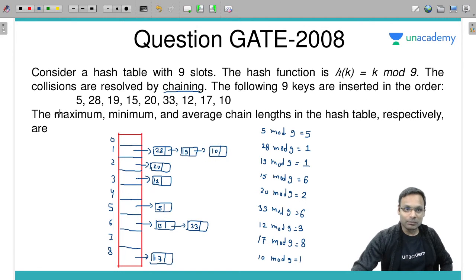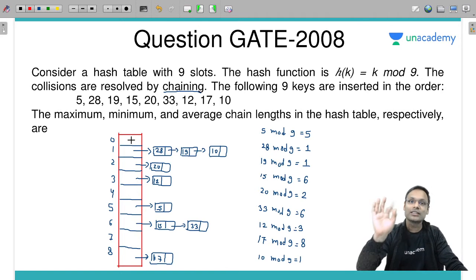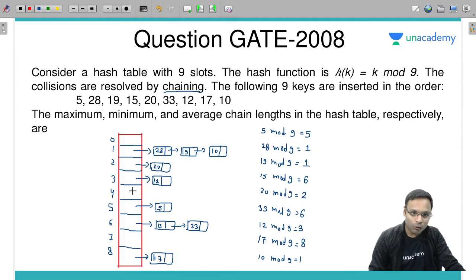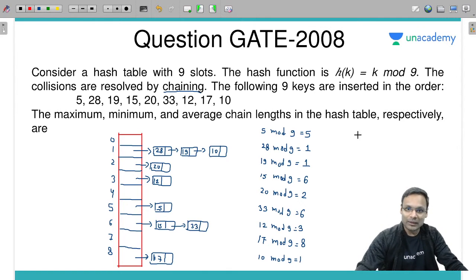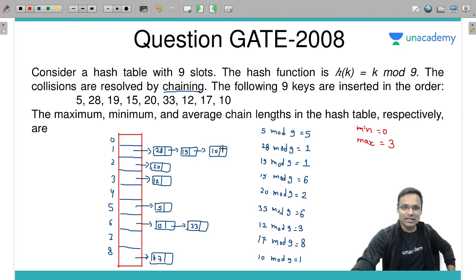The maximum, minimum and average chain lengths in the hash table. Okay, fine. So minimum chain length is 0, where at locations 0, 4 and 7 there is no key. So minimum is 0. What is the maximum chain length? Maximum chain length is 3, at location 1. What is the average chain length?